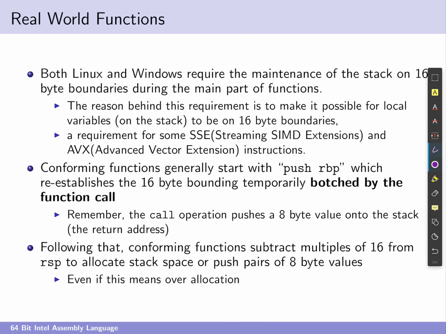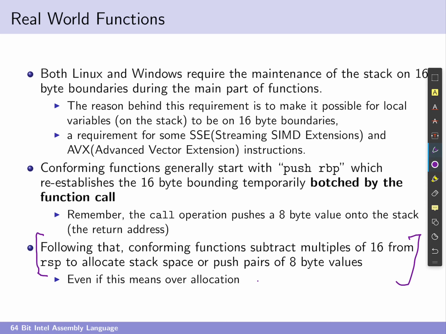Cool. One other thing that I think one should always keep in mind, following that kind of reestablishing of the 16-byte boundary, is that any subsequent use of stack space should also ensure that we end up with a multiple of 16. So say, for example, I only need 4 bytes of space on my stack. Instead of subtracting 4, I have to subtract the closest 16-byte value that is larger than it.